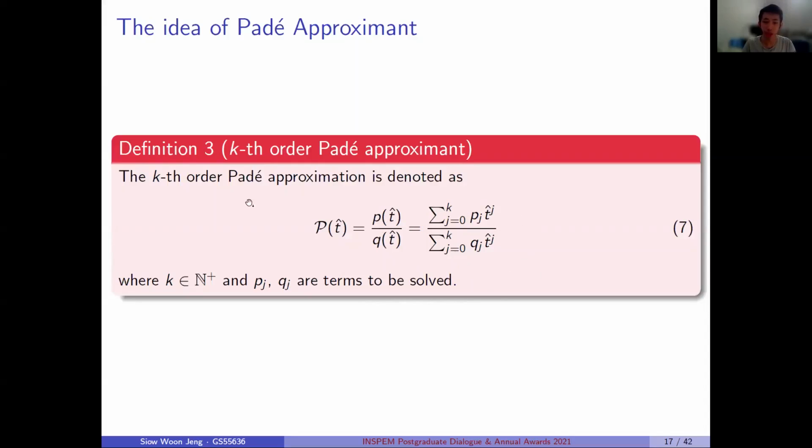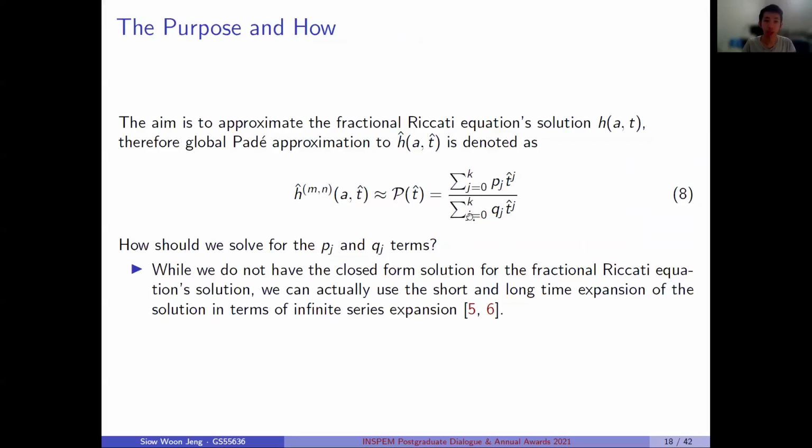That's why we have a k-order Padé approximation defined as equation number 7. So our main aim is to approximate the fractional Riccati equation solution h, which is defined in equation number 8. So to approximate the fractional Riccati equation solution, we need to solve for the Pj and Qj terms.